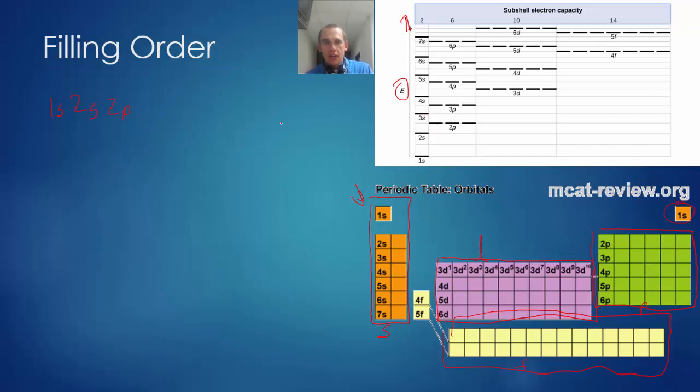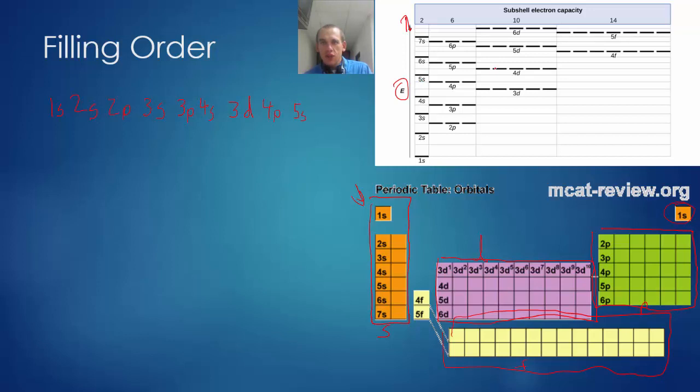And then 3s. And then 3p. So far this is numeric. And then 4s. And then just above 4s is not 4p, but rather 3d. So that's the first break that we see. So then 3p, 4s, 3d. Above 3d, the next lowest one is 4p. And then 5s.